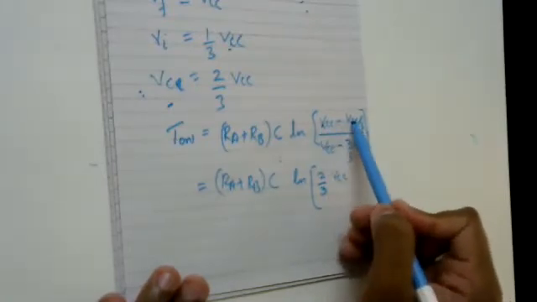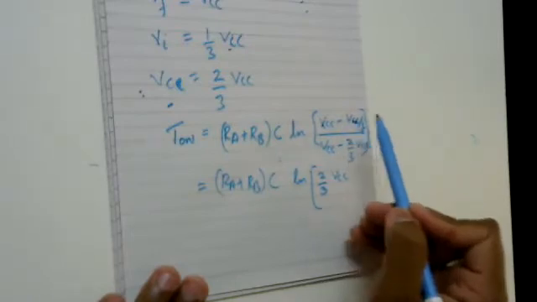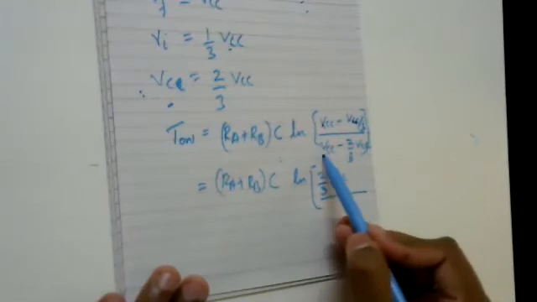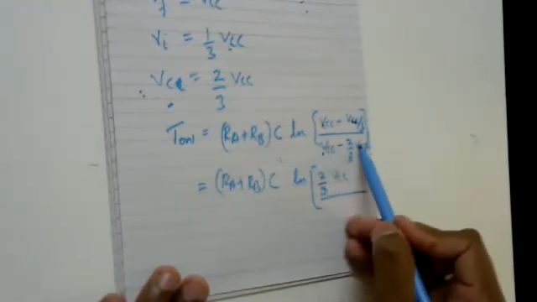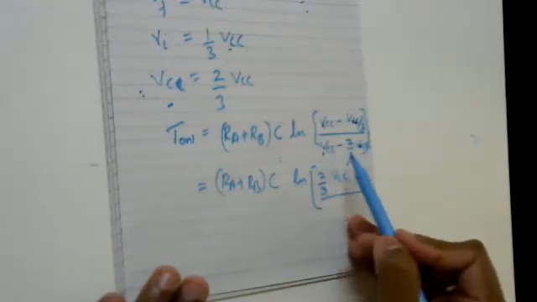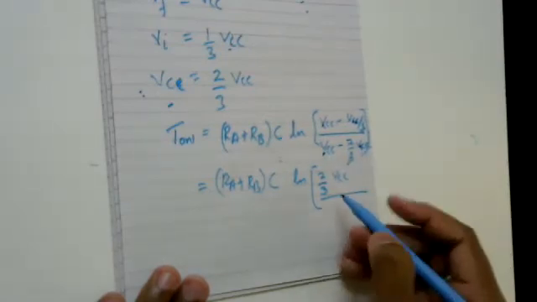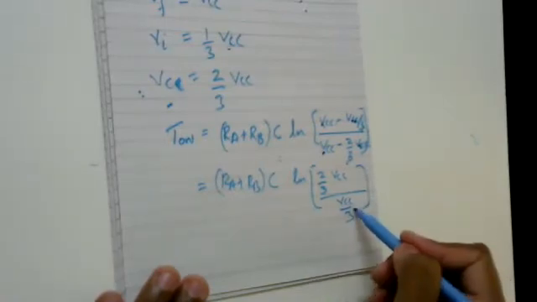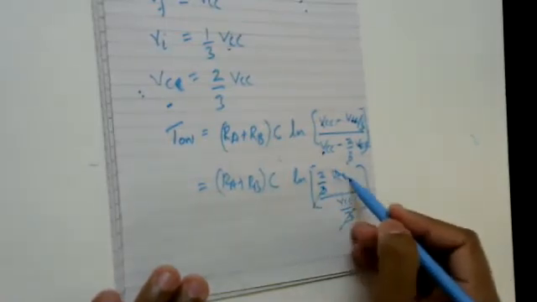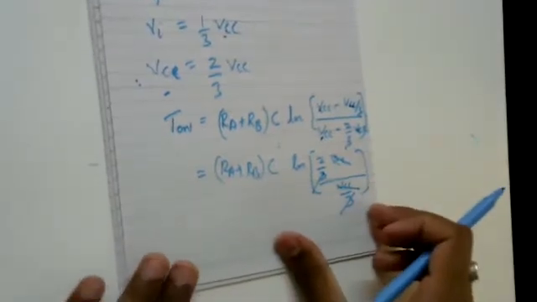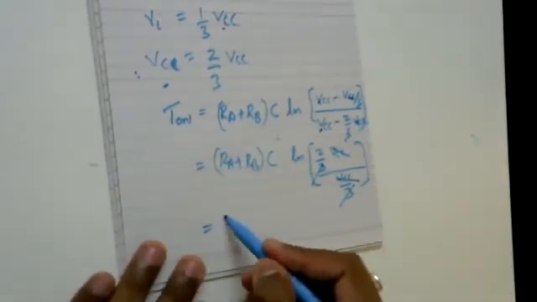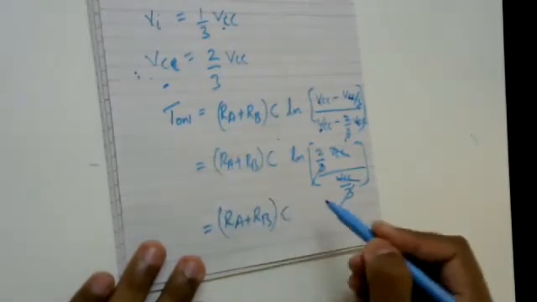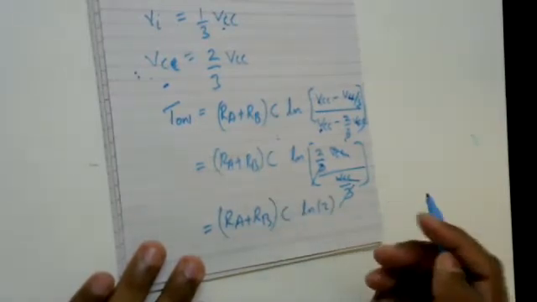So 3 VCC minus VCC is 2 VCC, so 2 VCC by 3, divided by 3 VCC minus 2 VCC divided by 3. 3 VCC minus 2 VCC is VCC, so this is VCC by 3. What will be left out? The 3 gets cancelled, VCC gets cancelled, giving ln of 2. So this is now (RA plus RB) into C into ln of 2.